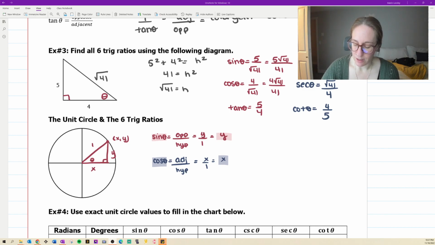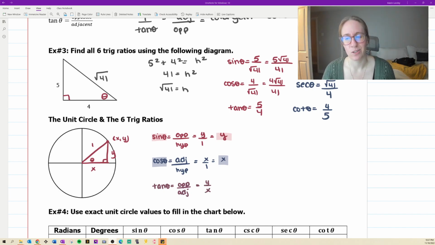Tangent is opposite over adjacent, which is just going to be your y over your x. That's not really affected because it's a unit circle; there's no hypotenuse in there. But it is still an interesting and important ratio to remember.